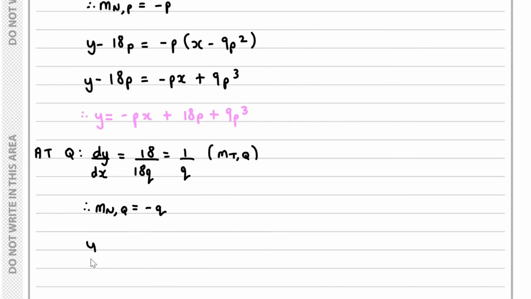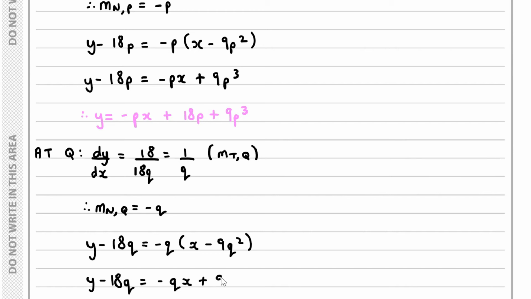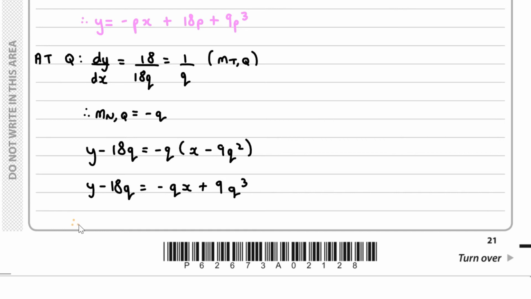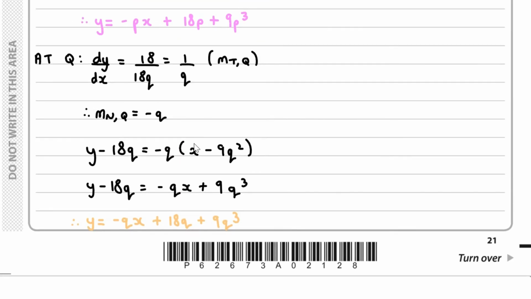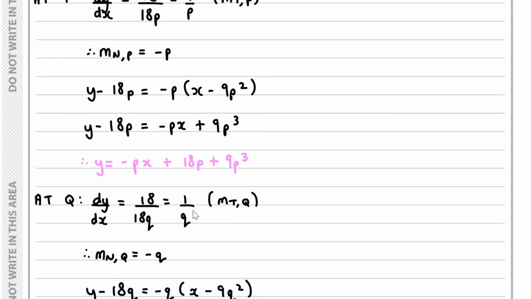So we have y minus 18q equals minus q lots of x minus 9q squared. And if I expand in, we've got y minus 18q equals minus qx plus 9q cubed, from which we can see the normal has equation y equals minus qx plus 18q plus 9q cubed. So this over here is the equation of the normal at Q, and here we've got the equation of the normal at P.